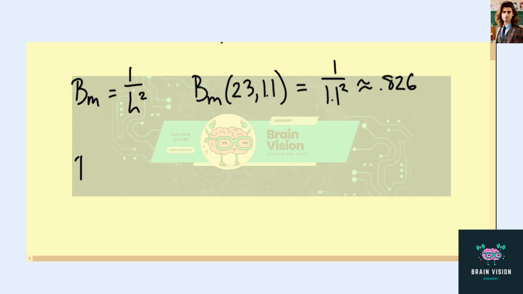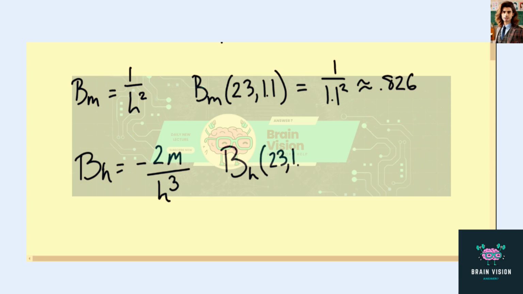Now we're going to get the partial derivative with respect to h, which is a little bit sneakier, but it ends up being equal to negative 2m over h cubed. So we want to calculate this, the partial derivative of b with respect to h, at 23 and 1.1.